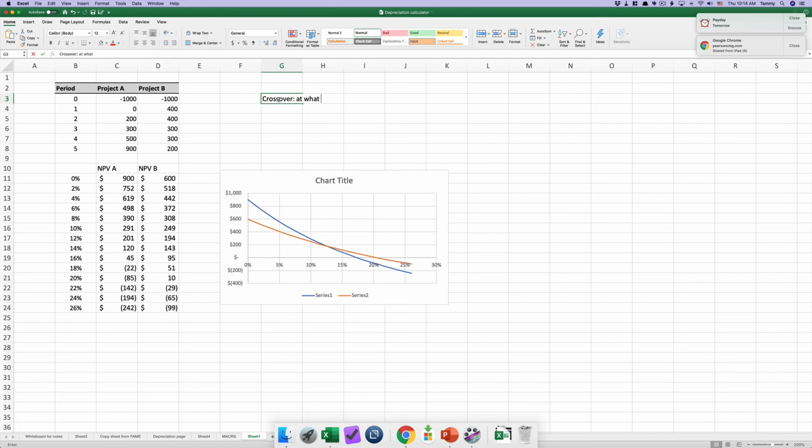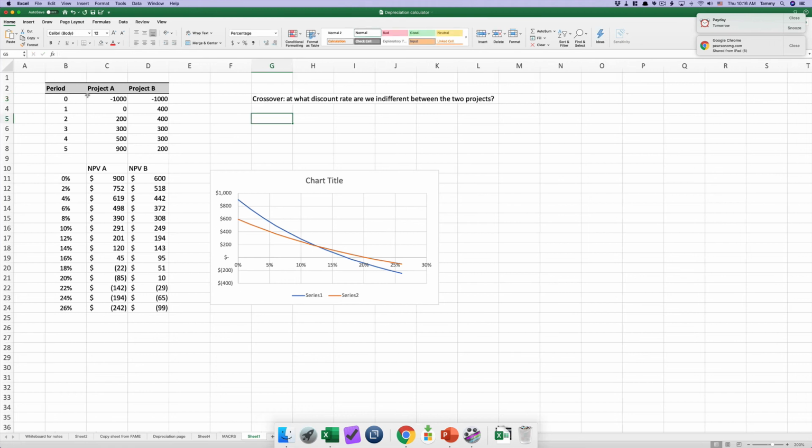At what discount rate are we indifferent between the two projects? So what you want to do is take the IRR, the internal rate of return, of the difference between these two cash flow profiles.